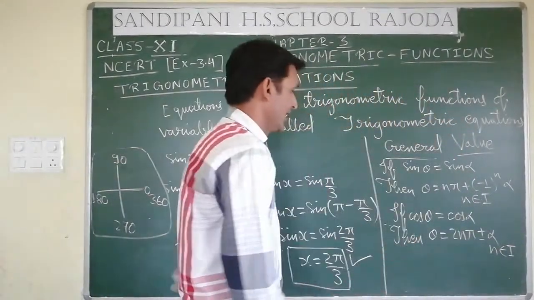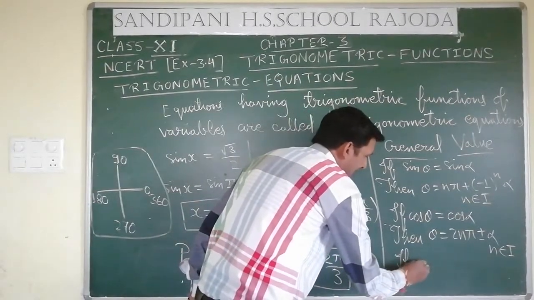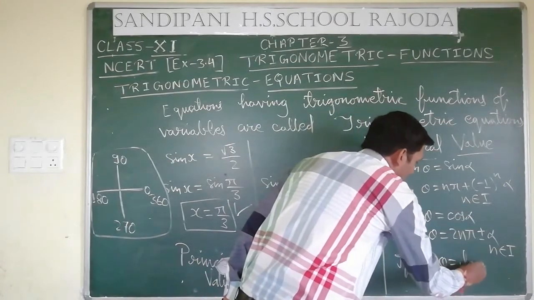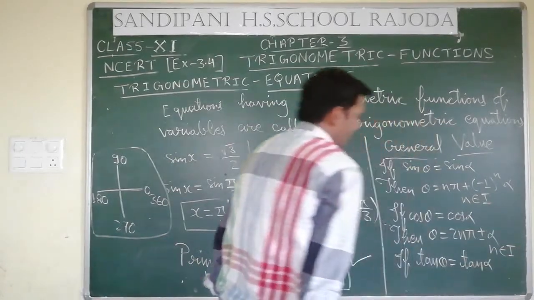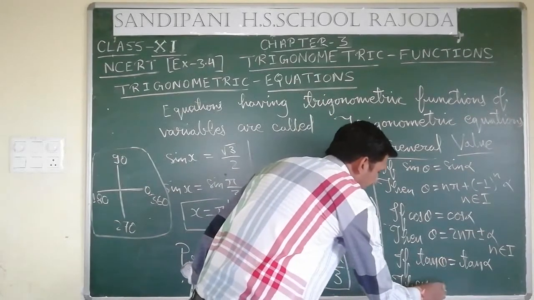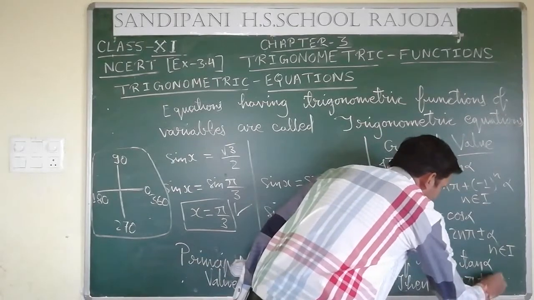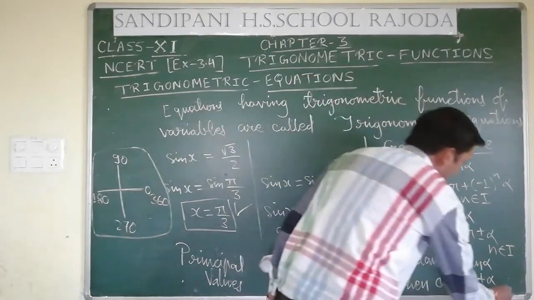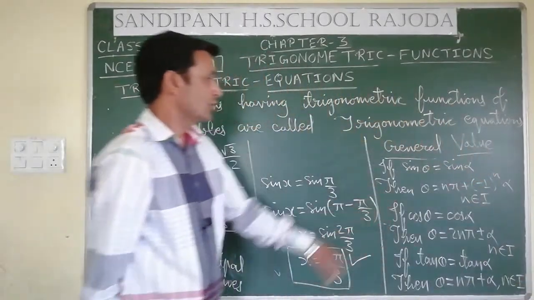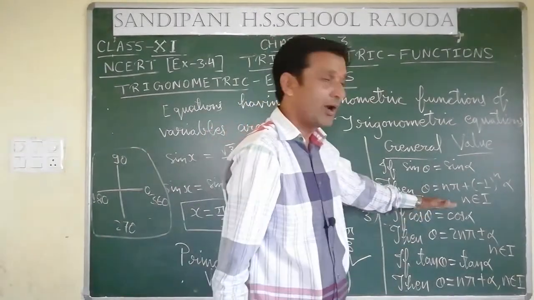Now if tan theta is equal to tan alpha, then theta is equal to n pi plus alpha. Here again n is an integer. So if sin theta is equal to sin alpha, this formula will be applicable.